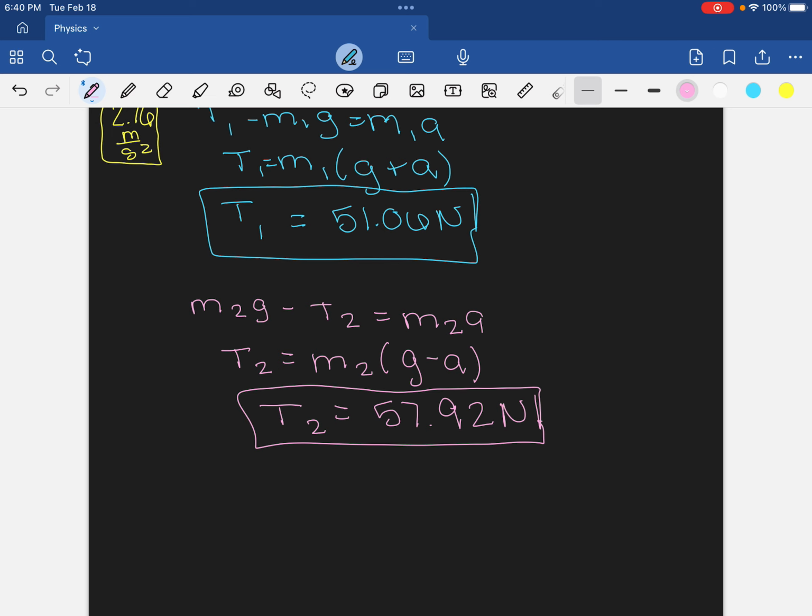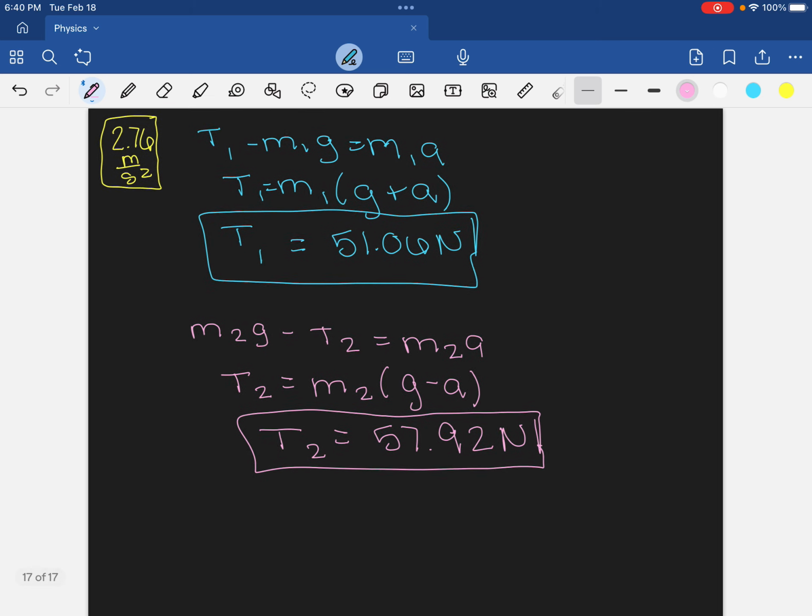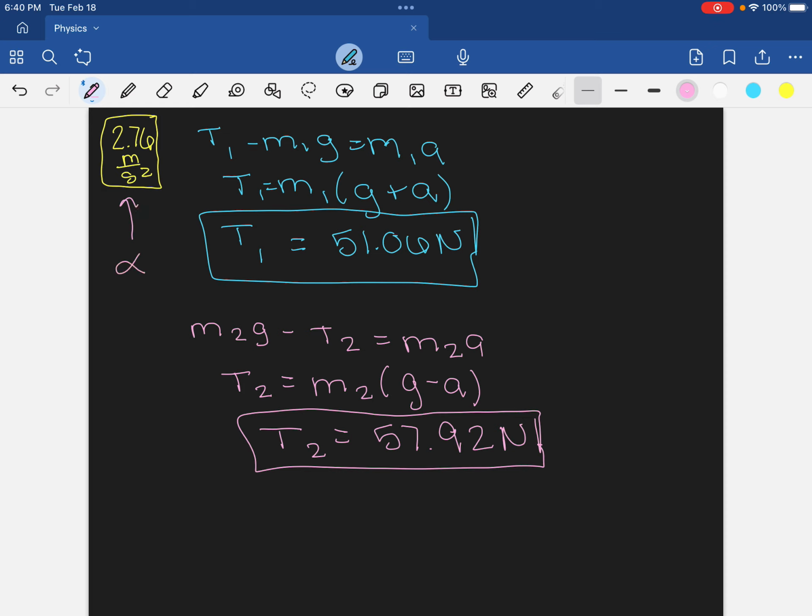So I have all these variables. This problem could have also asked you to solve for the rotational acceleration of the pulley. And if you were to do that, the only thing you would need to know is the radius of the pulley, which we were actually given in the problem. We were told that the radius of the pulley was 0.2 meters.